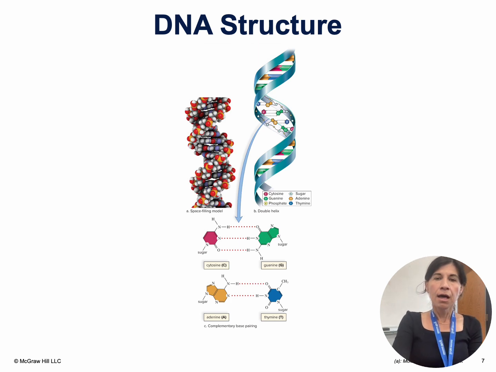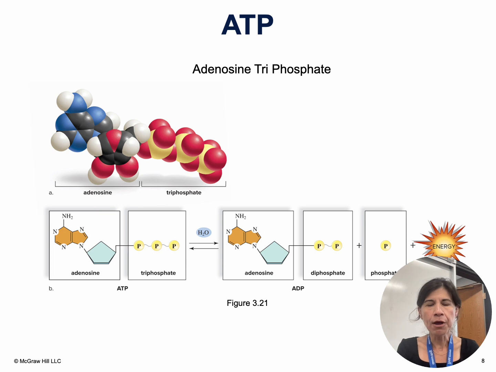All right, the last thing I want to talk about with nucleic acids is that there's actually a third type of nucleic acid that never forms a polymer. I want to also bring to your attention that there is a variation of a nucleotide called ATP, adenosine triphosphate. I talked about a nucleotide being a nitrogenous base, a sugar, and a phosphate group.